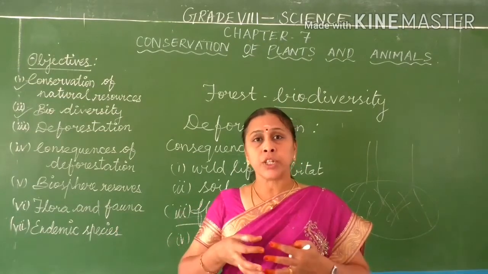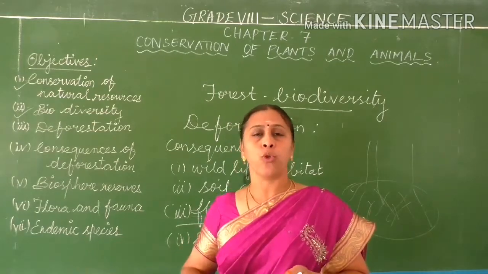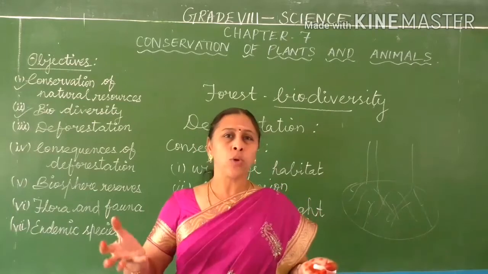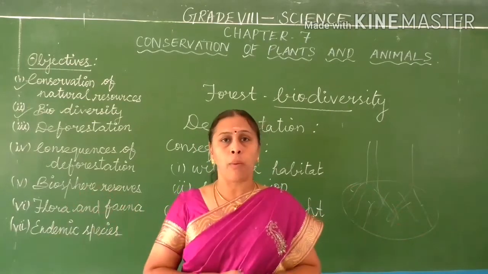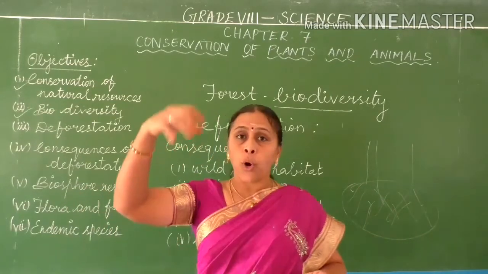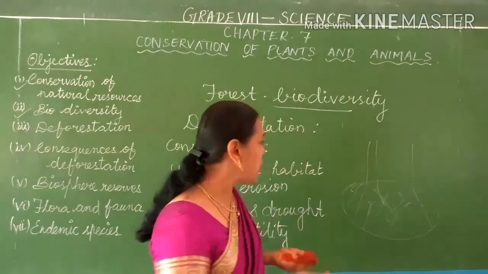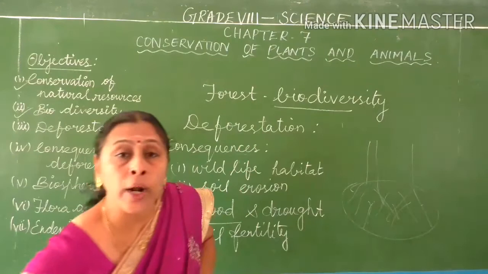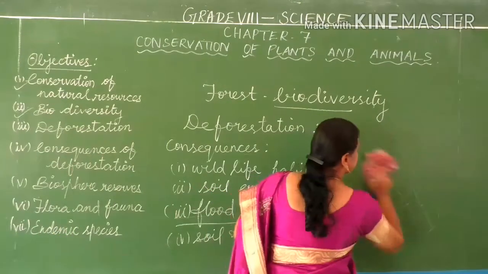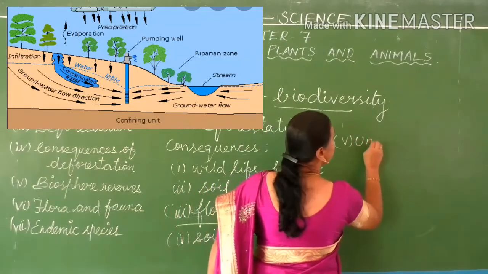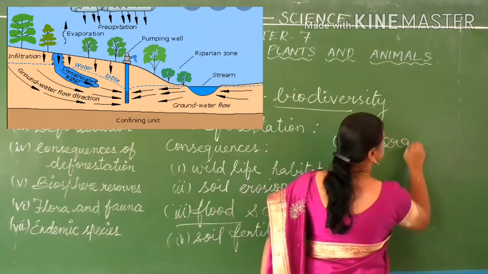If no vegetation is there, more soil will be eroded and the bottom layer with the rocks and stones will be exposed on the top, and the rainwater will not go deep into the soil. Because of this, underground water level decreases.